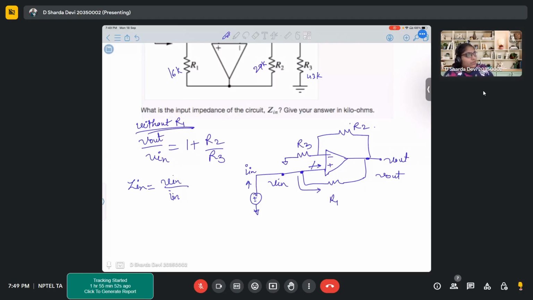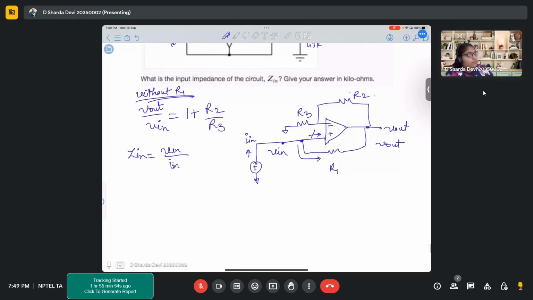The current through your resistor R1, IR1, is actually your current In, which is Vn minus Vout by R1, right?